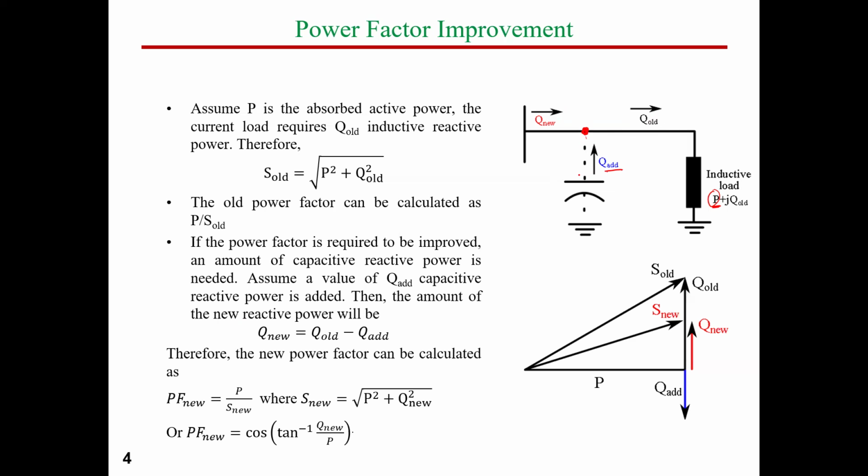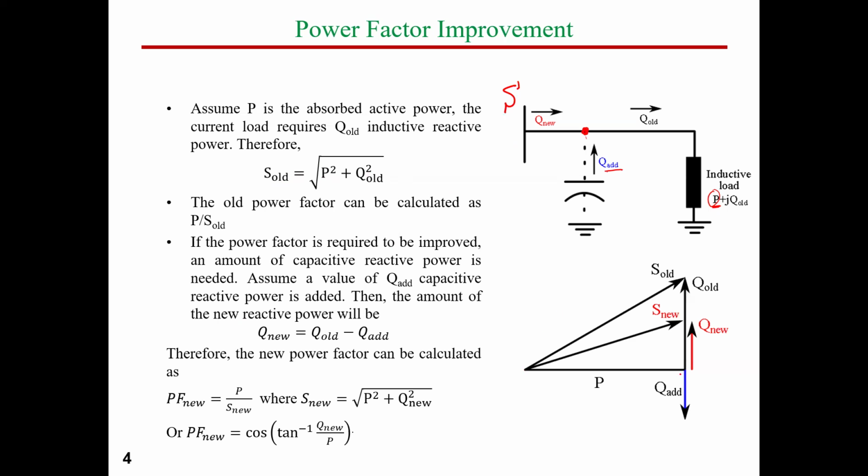If you would like to calculate the apparent power seen from the source before adding the capacitor, we can say S old. S equals P plus or minus jQ. If you would like the absolute value, S old equals the square root of P squared, which is the active power absorbed by the load, plus Q old squared.